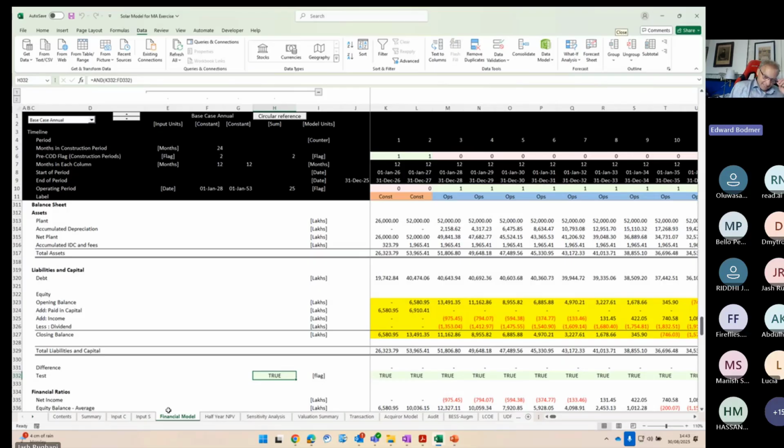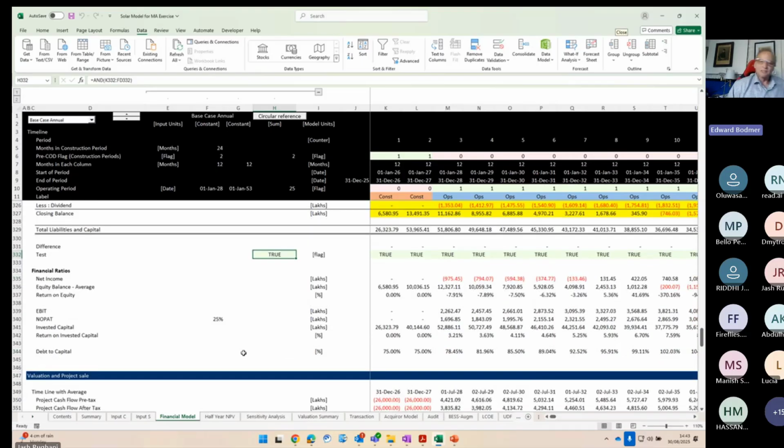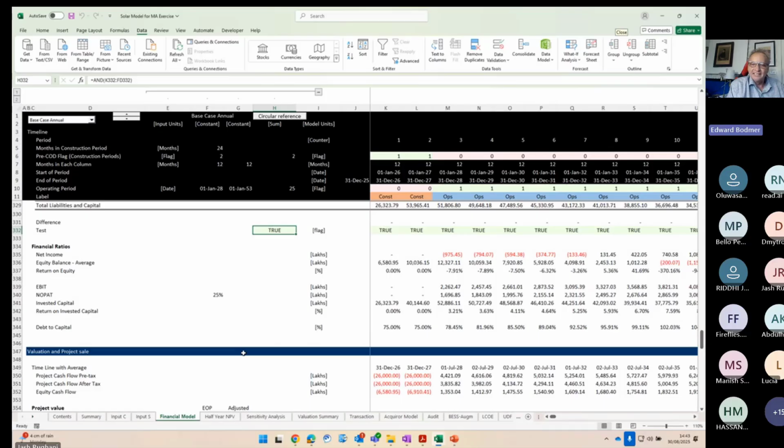So that's just a little bit, but again, these balance sheet and income statement, we can't get any financial ratios out of that. If you keep going down, I put some financial ratios in, but they are meaningless. If we've got negative ROE, that doesn't mean the project's bad.